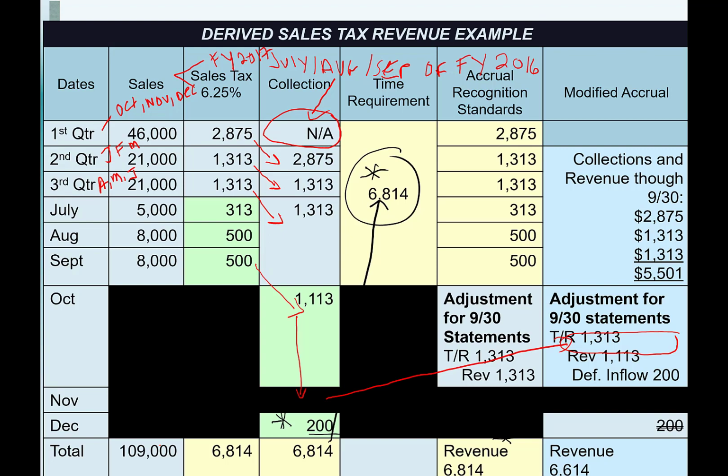Now, if you look at this adjusting entry, and we would make an adjusting entry for our 930 statements, notice we set up the taxes receivable and the revenue exactly for the amount that we knew that we had actually earned. And sometimes students will say to me, well, how would you be able to do that at 930 when you really don't know what happened until sometime in October?